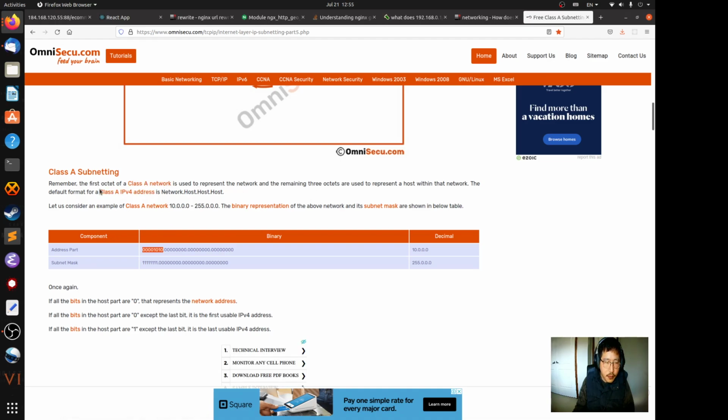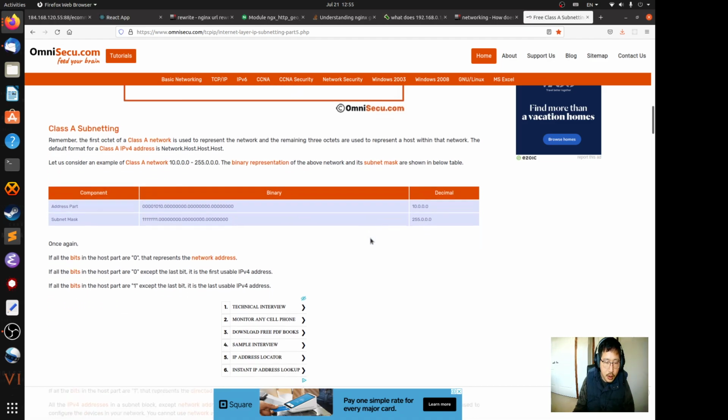It says the first octet is used to represent the network. So this is the network portion, and this is the host portion. To get the subnet mask, you just change the first octet to all ones and change all the host portion to 0.